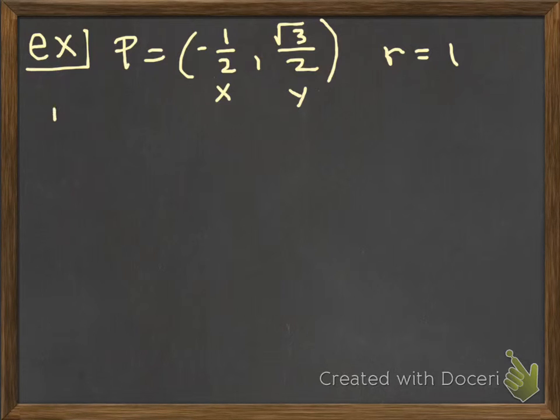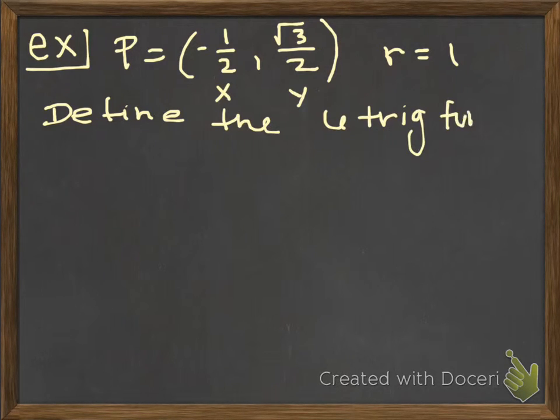And the directions will say define the 6 trig functions. So leave a little bit of space here. We're going to have to go over some fraction rules for this section.